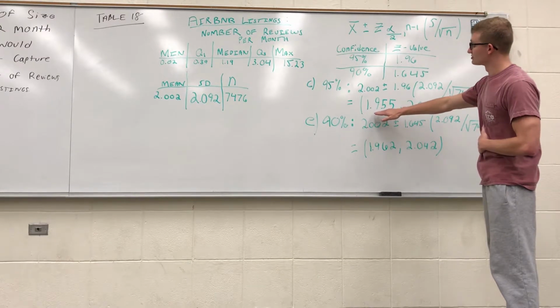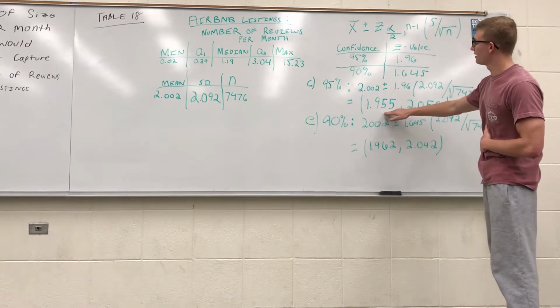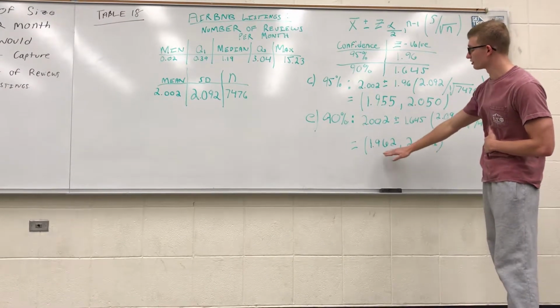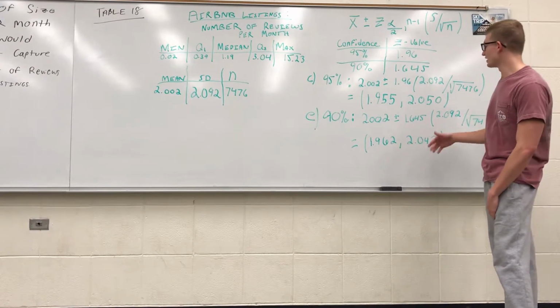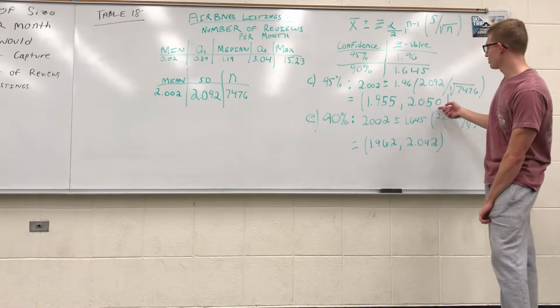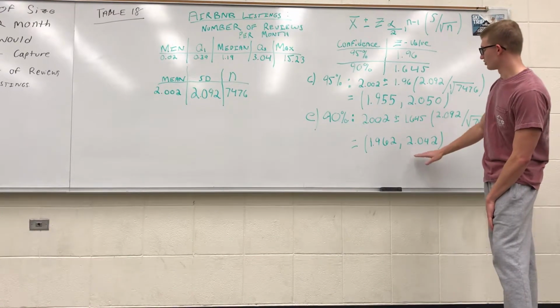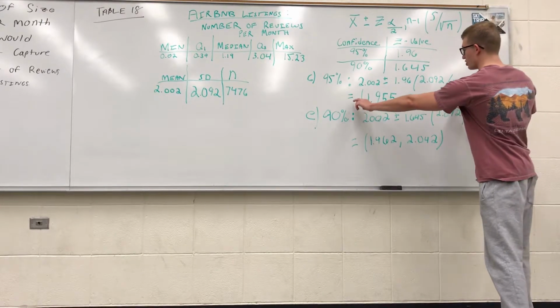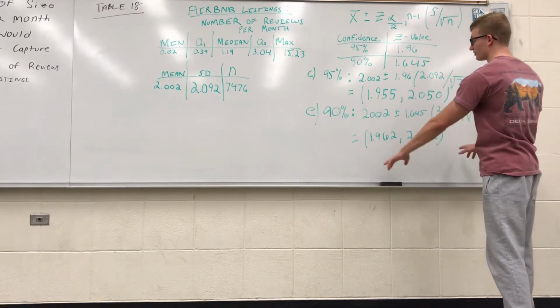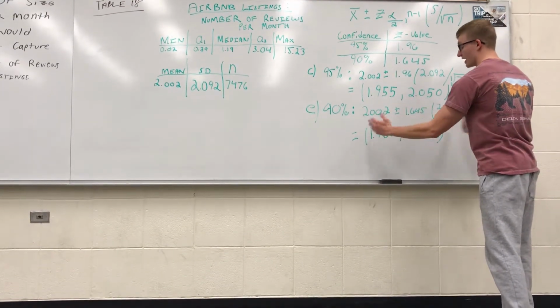As you can see, 1.955 is a lower number than 1.962, and 2.050 is a greater number than 2.042. So our 95% interval is larger, and our 90% interval is tighter.